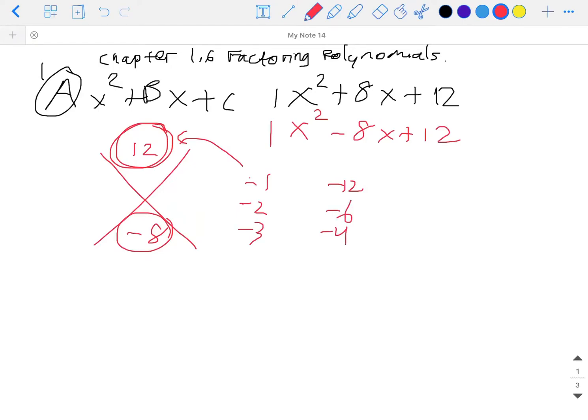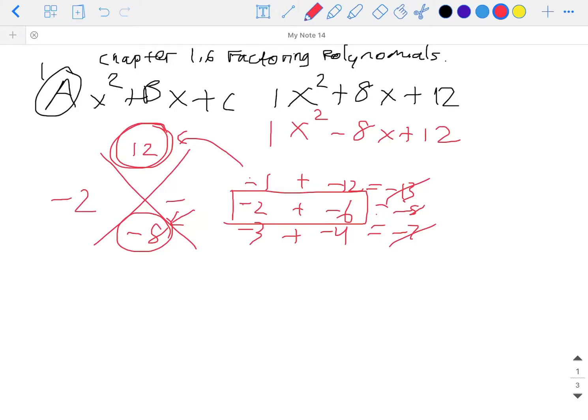The sum of the factors should give us the middle. This was negative 13, this was negative 8, and this one is negative 7. These two do not match the bottom part of negative 8, but we can see it's negative 2 and negative 6. So therefore, the factored version of the polynomial becomes x minus 2 and x minus 6.